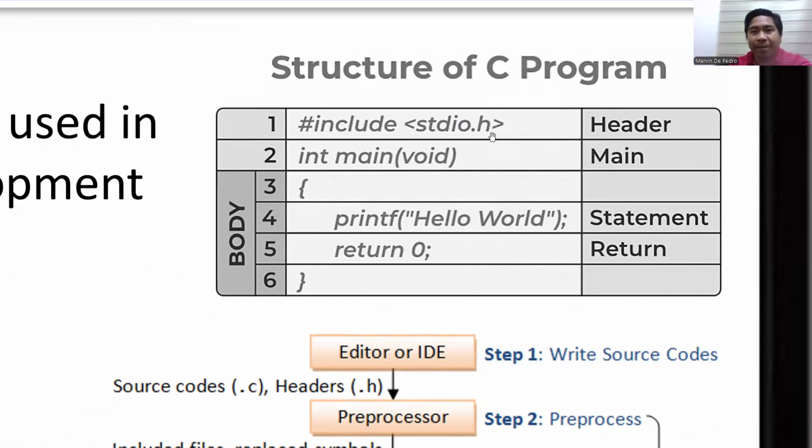Okay, and then we have the main function, and inside each function, including our main function, we have different statements. We have at least one statement, followed by the return statement in the end. So all in all, what is inside our main function is what we call the body, right? So header, main function, and then the body.